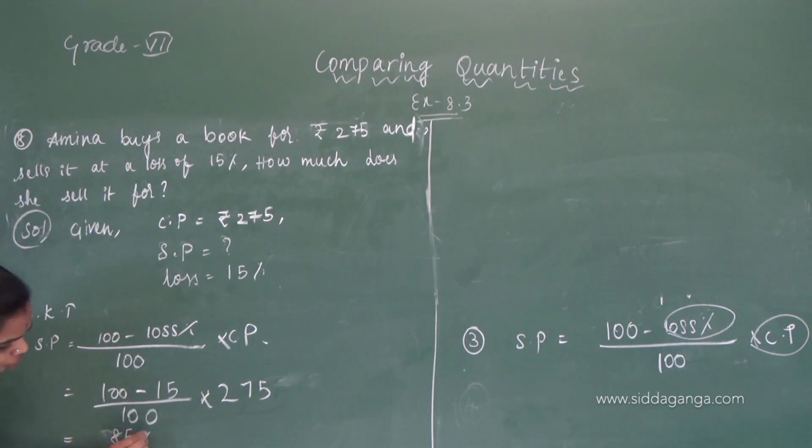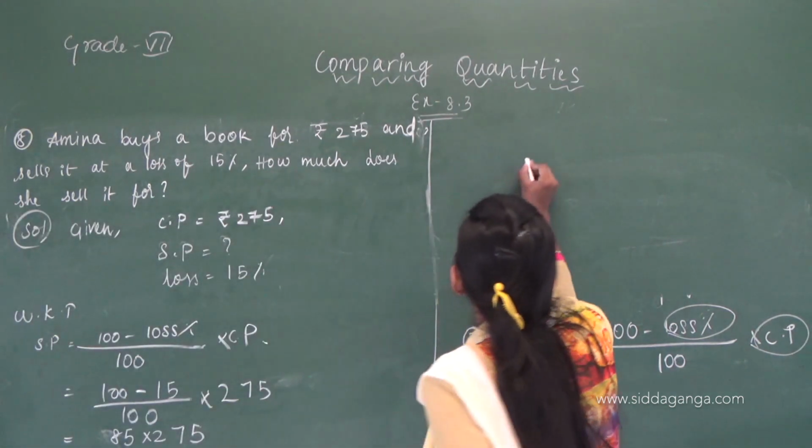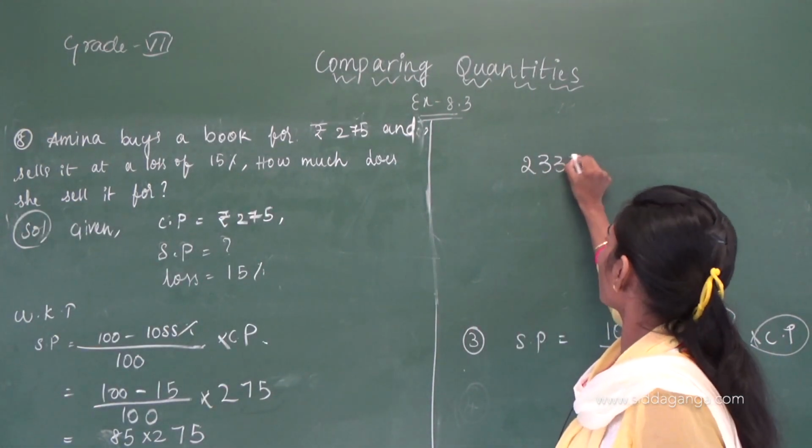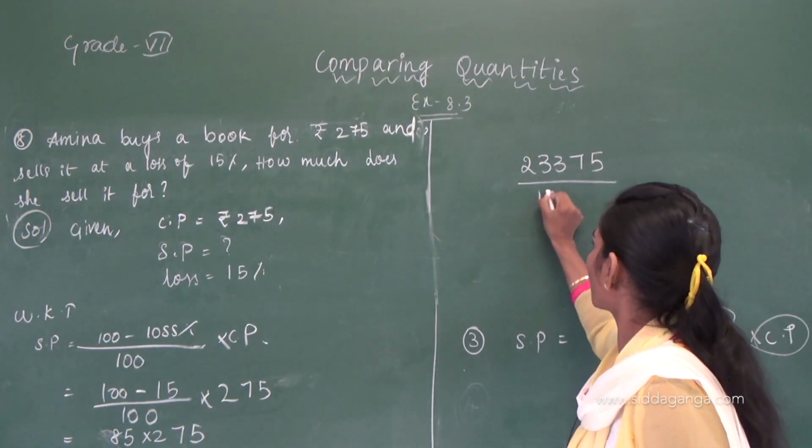Here, 85 into 275 divided by 100. If you take the multiplication between these two, then we will get 23375. If you have any doubt, just check it.